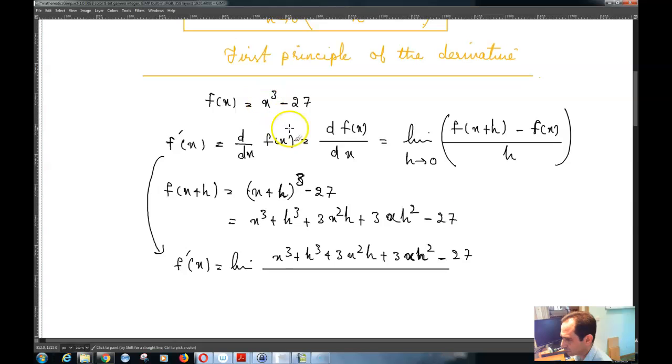So minus f of x would be negative x cubed plus 27, over h as h tends to 0. Now here you can cancel out 27 and 27, x cubed and x cubed. And you have these three terms left here.